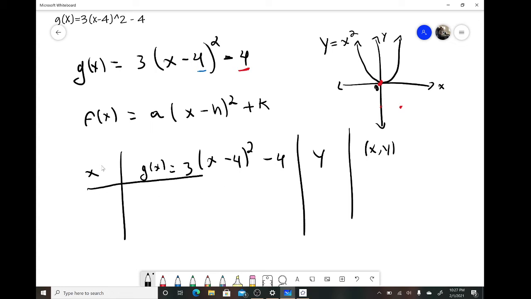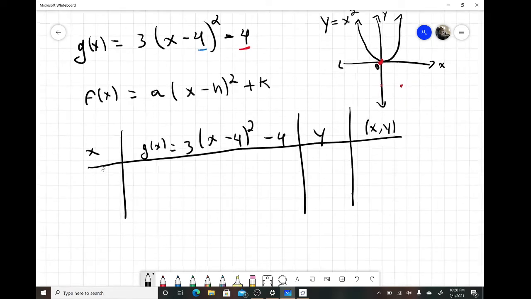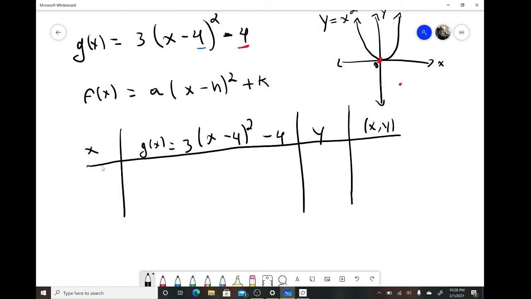Again, I always put in the point in the end because it reminds me that I'm dealing with points and values. So once again, we want to find out where the vertex is. To find out where the vertex is, we want to make sure that we find out when this middle portion right here is equal to 0. Right off the bat, you could tell that if you put in 4 for x, you have 4 minus 4, and that's going to give you 0.